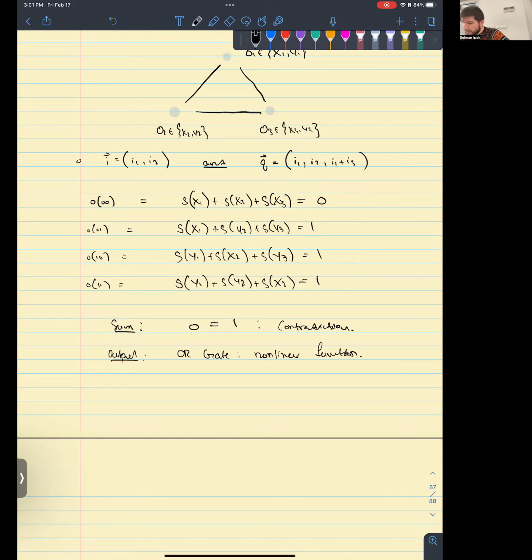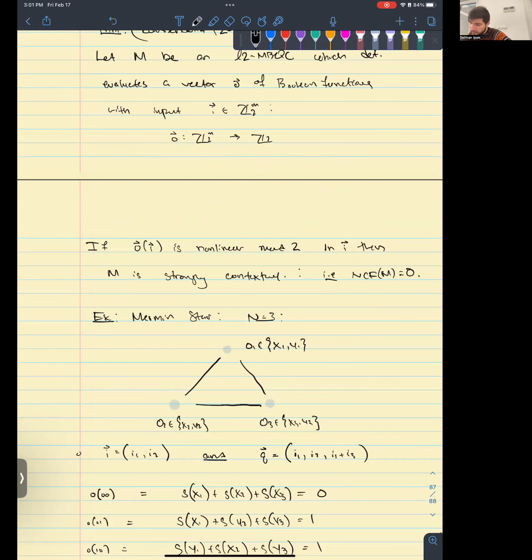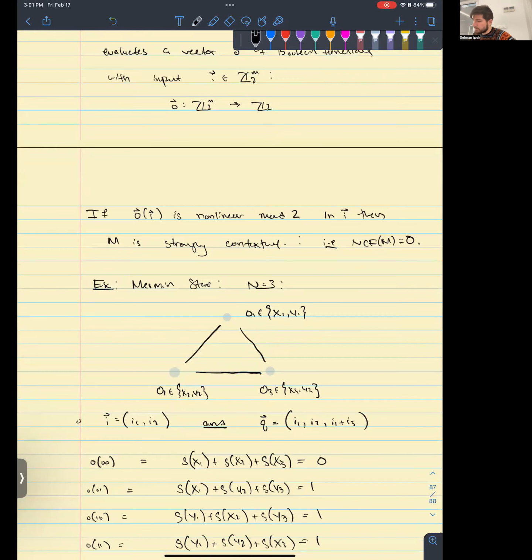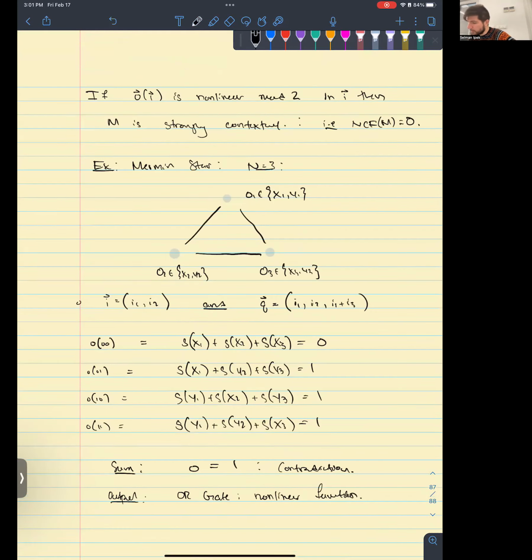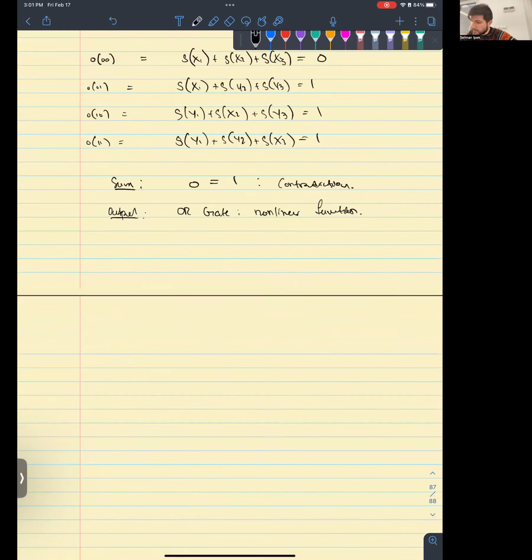So here's one example where this theorem above holds: if O is nonlinear mod 2, then M is going to be strongly contextual, which is precisely what we have here.